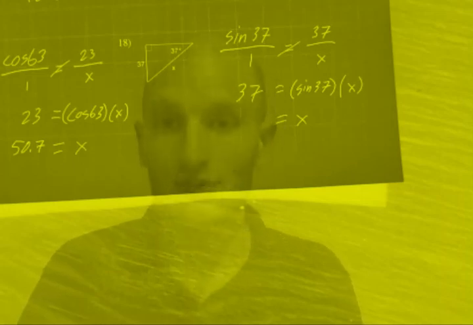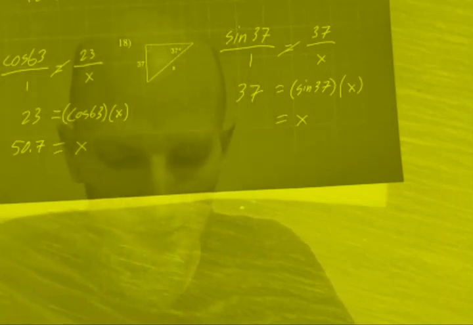And then on the left, 37 divided by sine of 37, you get 61.48068522. So 61.5 rounded. Right, 61.5.